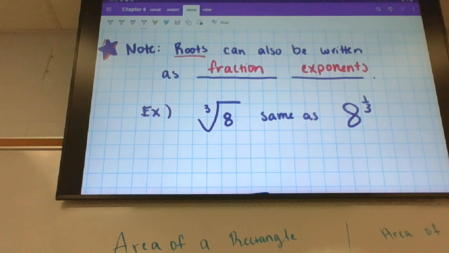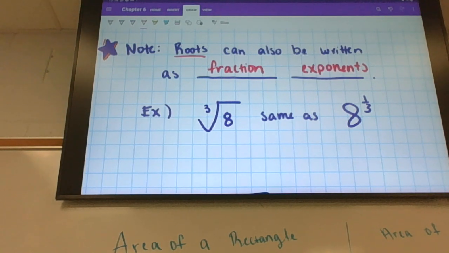But when exponents are fractions, 32 to the 1/5.